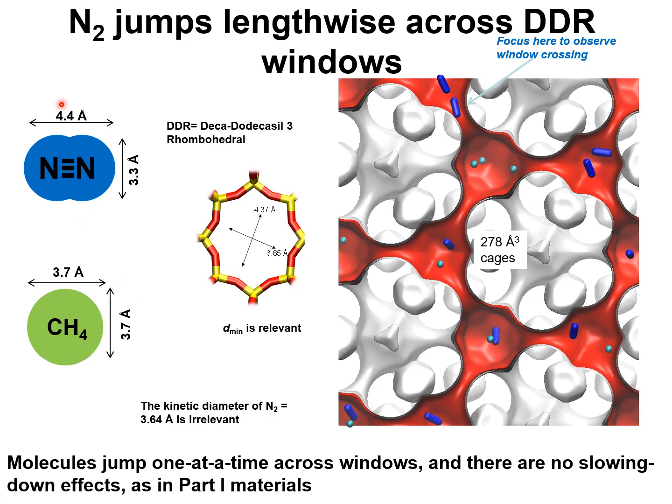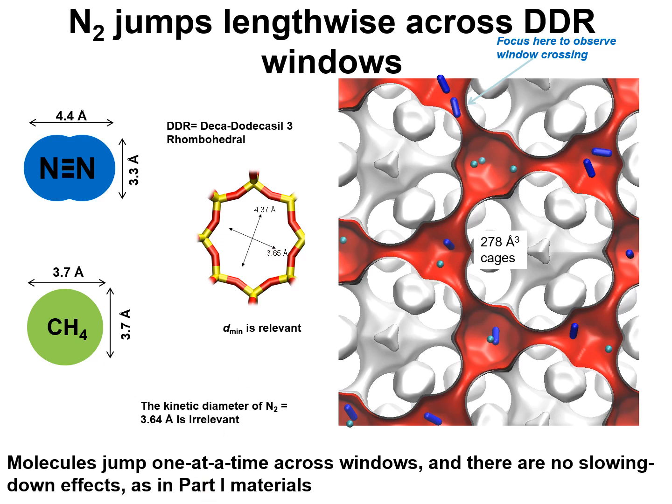Consider nitrogen/methane diffusion inside the cage-window structures of DDR zeolite, which consists of cages of 278 cubic angstrom separated by windows that have dimensions 3.65 in this direction and 4.4 angstrom in this direction. The relevant dimension is 3.65, the minimum aperture.